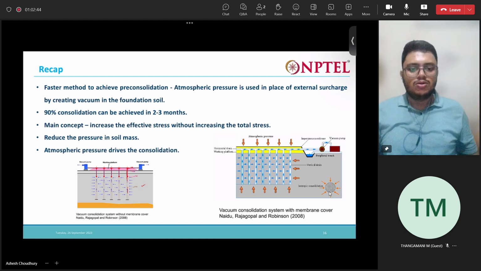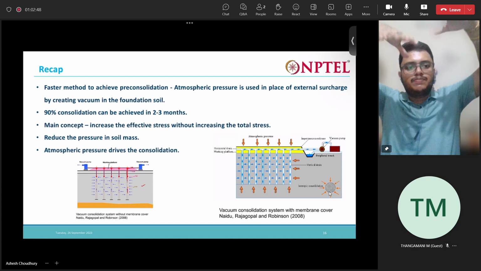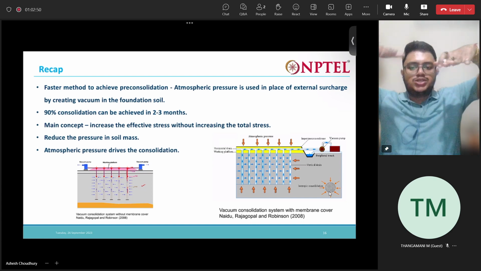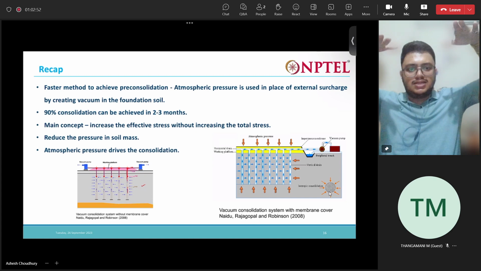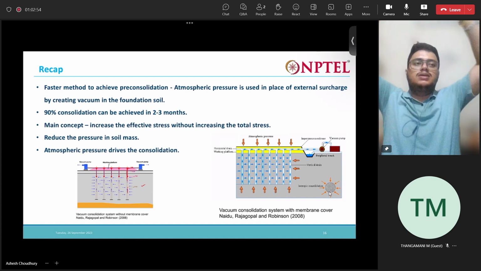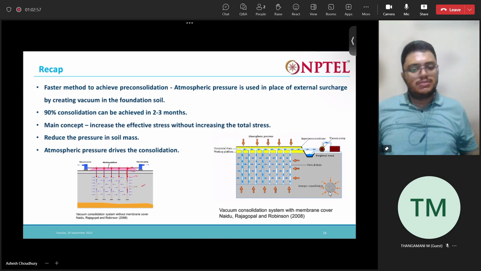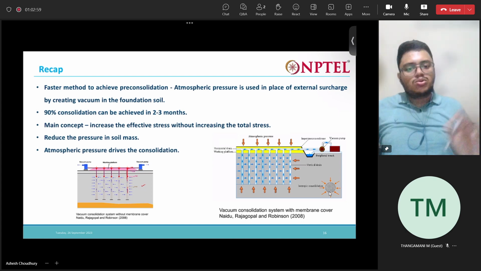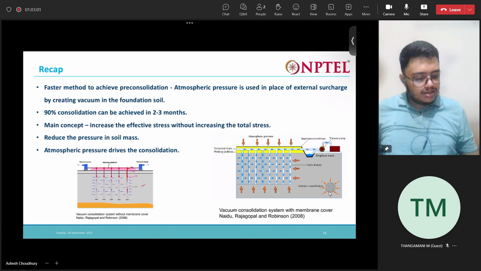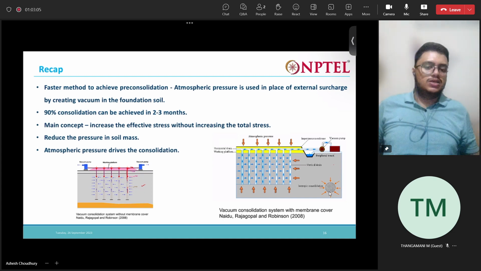So generally what do you do? Say you are just using sand drains, you have to provide some overburden pressure on top of the soil, right? In terms of making a soil surcharge or something like that. So in that case, the total stress is increasing, or moreover, the stress is not the same at all depths of the soil, right?